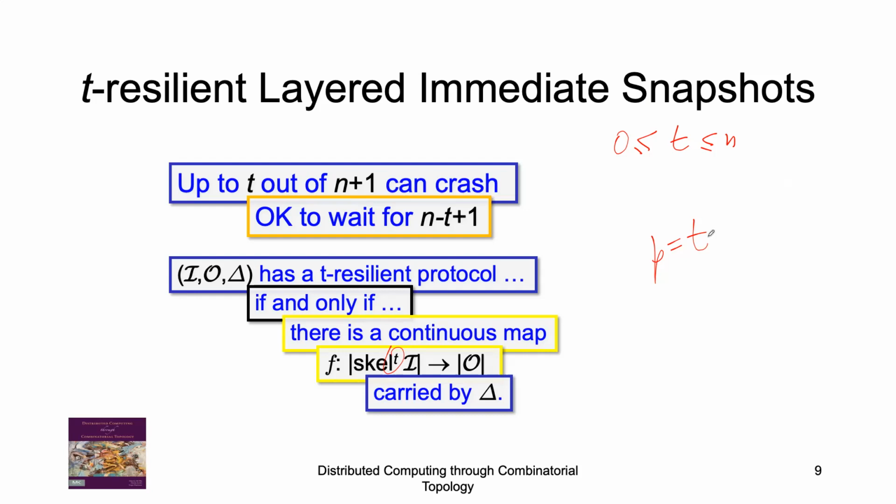Even set agreement, which is already something deterministic, cannot be solved: you have n plus 1 inputs, and you get rid of at least one of them. With t equals 0, you can wait for the inputs of everybody and just deterministically map them to the output, because everybody sees exactly the same set of inputs. Just choose some simplex in the output complex and be done with it.